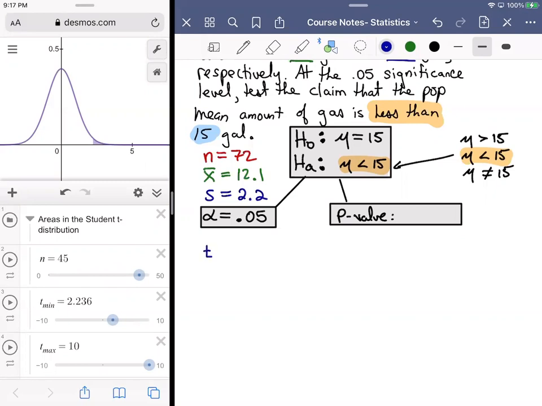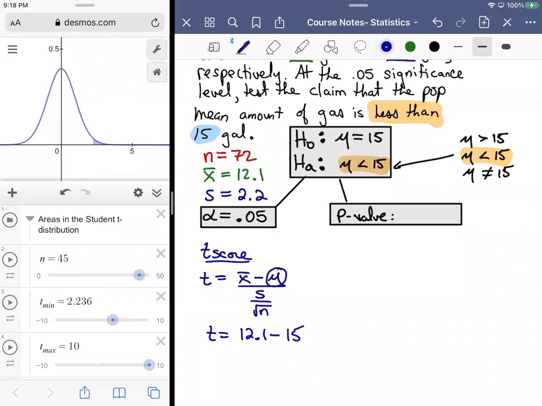So we need the t value, the t score. Again, t is equal to x bar minus mu over s over the square root of n. All that information is stuff that we know. So t is equal to 12.1 minus the assumed value for mu, so 15.